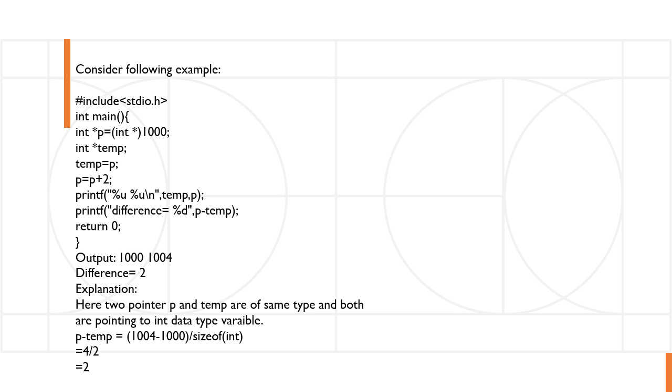Here the two pointers p and temp are of the same type, both pointing to the integer data type. So according to the formula, the difference is divided by the size of that particular data type. Here it is int, which occupies 2 bytes in this case; it depends upon the compiler. 1004 minus 1000 gives 4, divided by the size of that data type, 4 divided by 2, so the difference is 2.